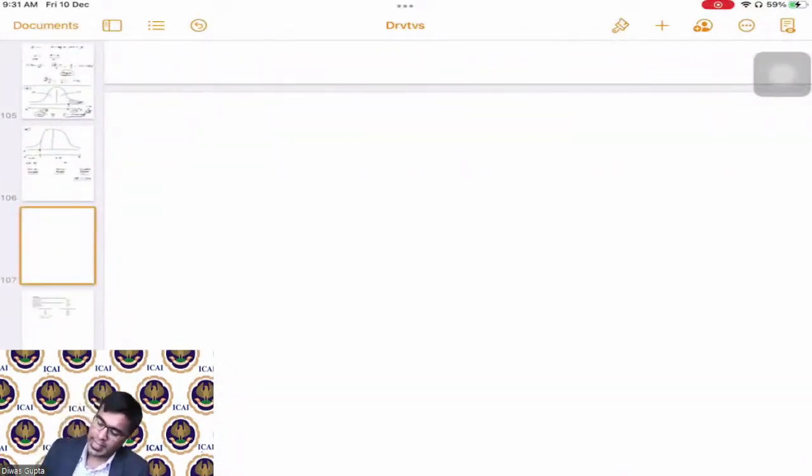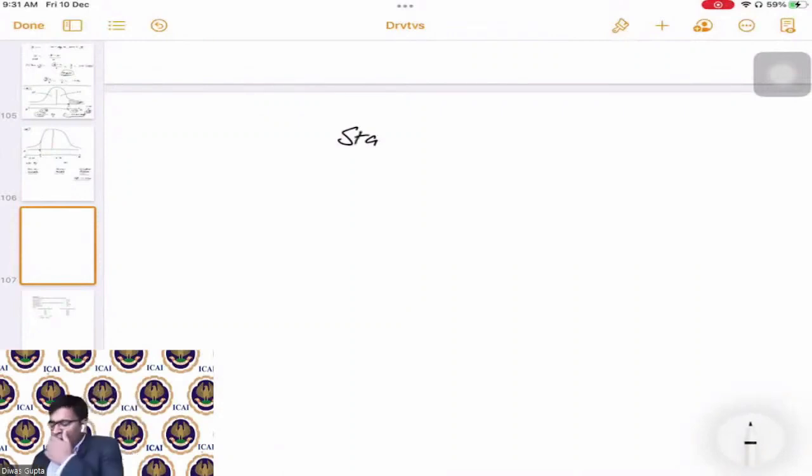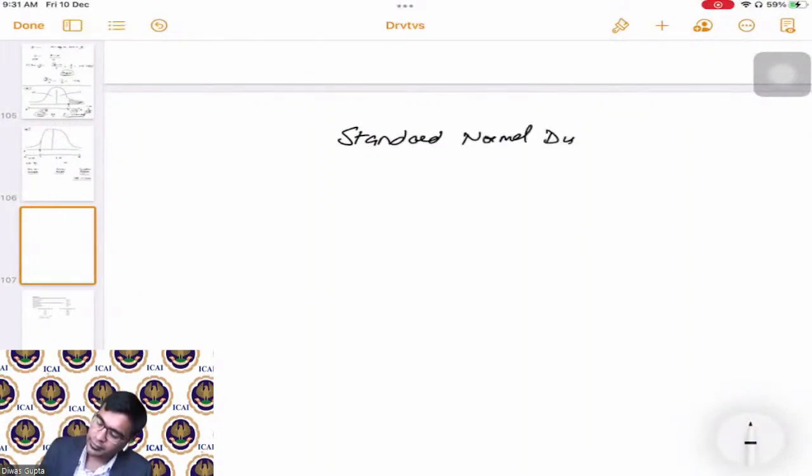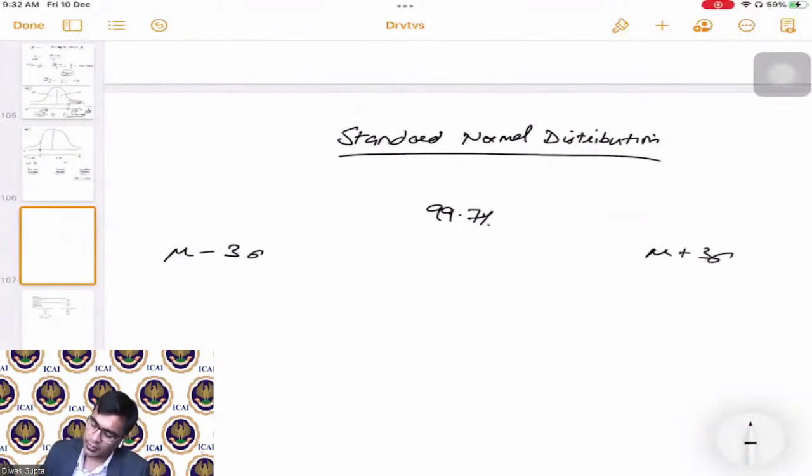So students, for a standard normal distribution, 99.7% of the values, that means 99.7% of the area under the curve, comes within the range of u minus 3 standard deviations and u plus 3 standard deviations.